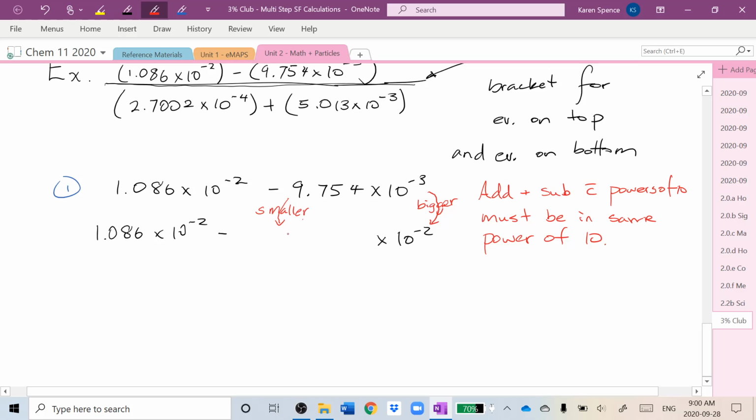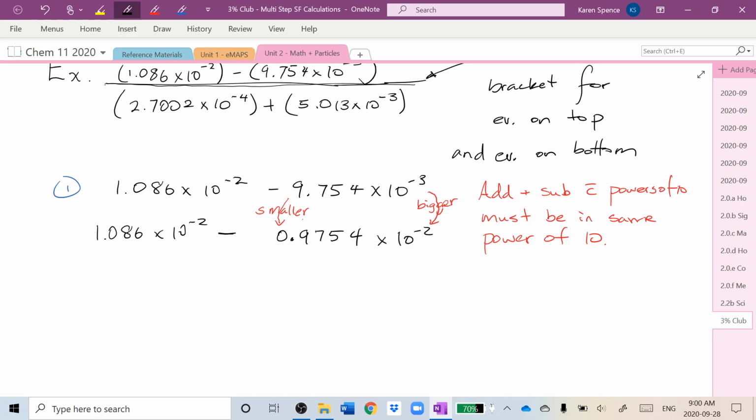So that means it has to become 0.9754 times 10 to the negative 2. Okay, and if you remember, you can either just plug this into your calculator, or you can say I have 1.086 minus 0.9754.